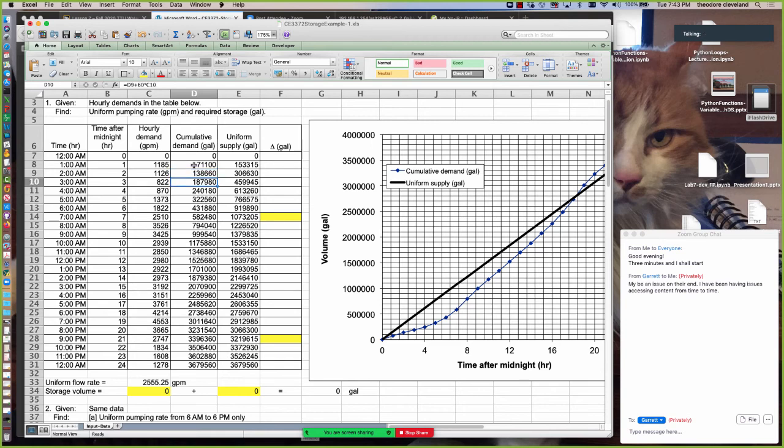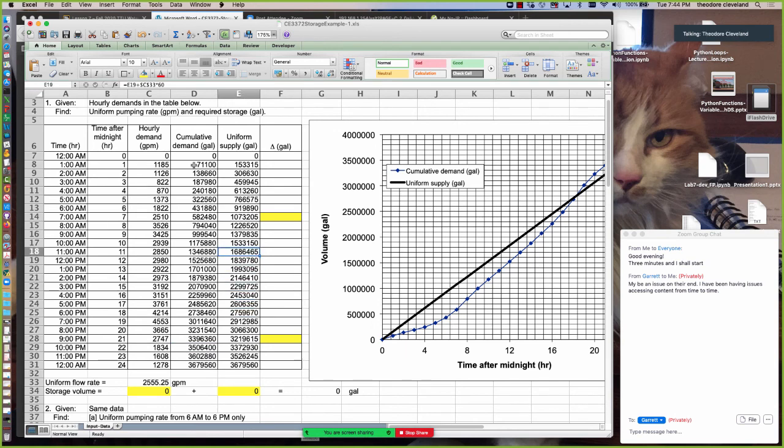And for the next hour, we have the 138,660, and we add to that 822 gallons per minute times 60 minutes for a net total of 187,980 gallons, and so on. And that's how we populate this column. And at the end of the design day, we need 3.7 million gallons.